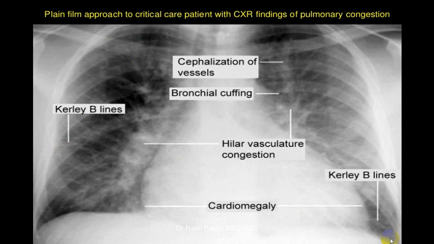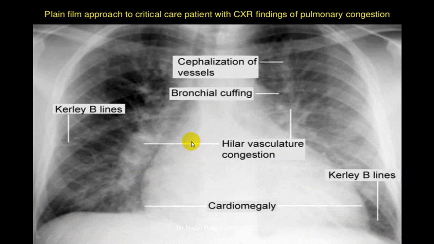And if the angles are obliterated, the cardiophrenic angle and the costophrenic angle not clear, and there is a bilateral pleural effusion, it is in favor of congestive heart failure.